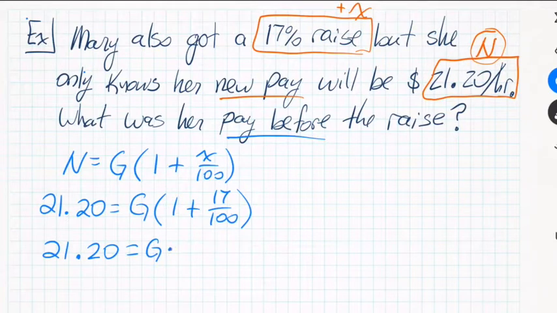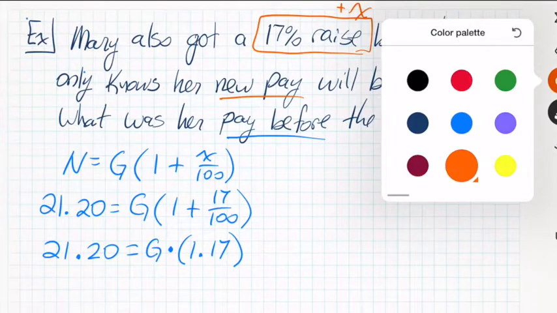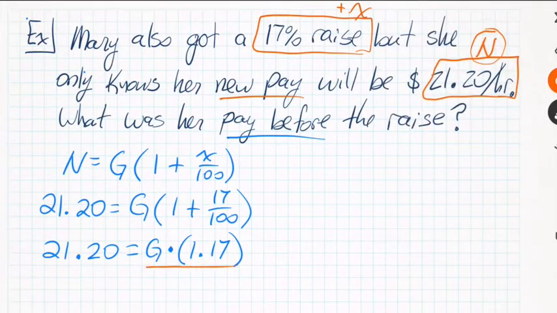And this is G times 1.17. All right. Now, algebraically, to solve for G, I need to get it by itself, and I have to undo the multiplication between G and 1.17. So I'm going to take both sides and divide by 1.17.